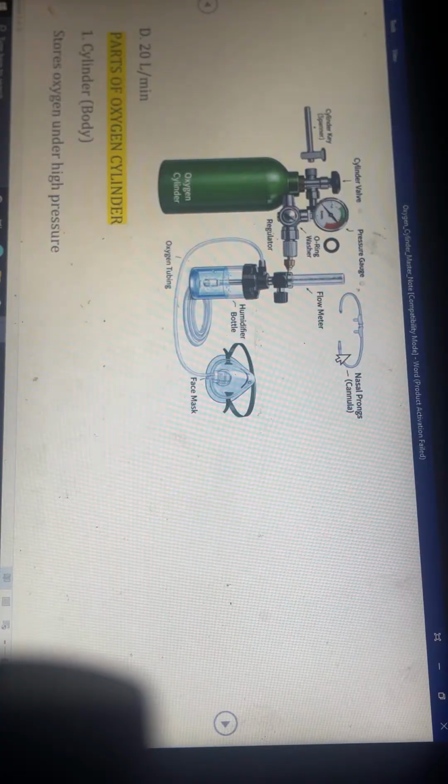Are you just going to call it oxygen tube? What will be the right answer? It is called the nasal prongs or the cannulas.